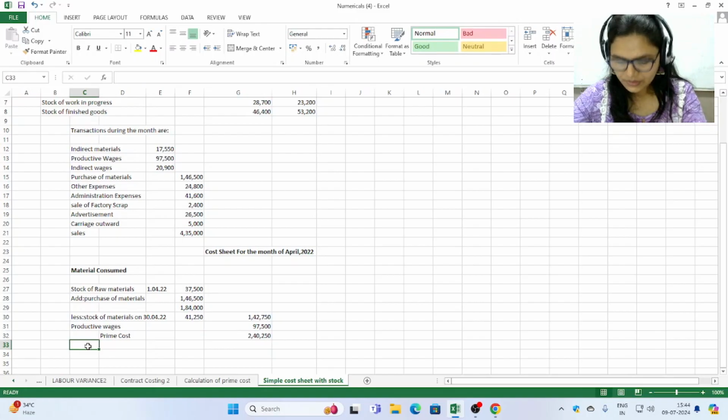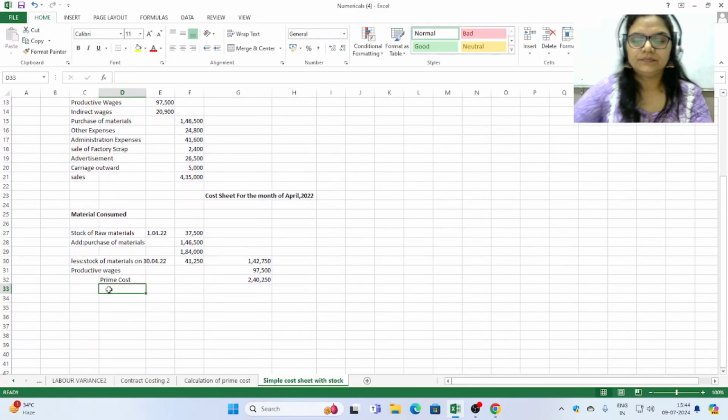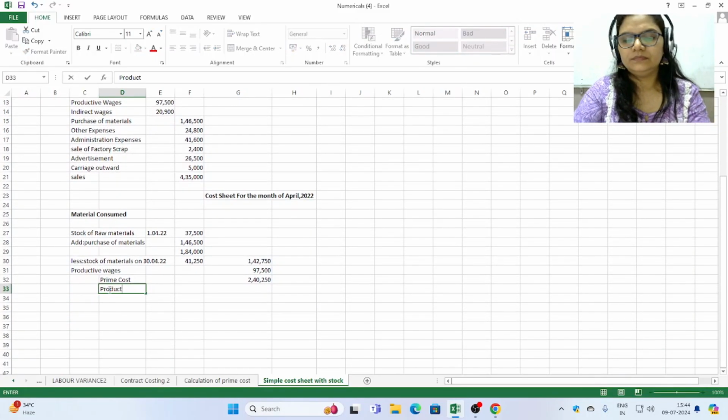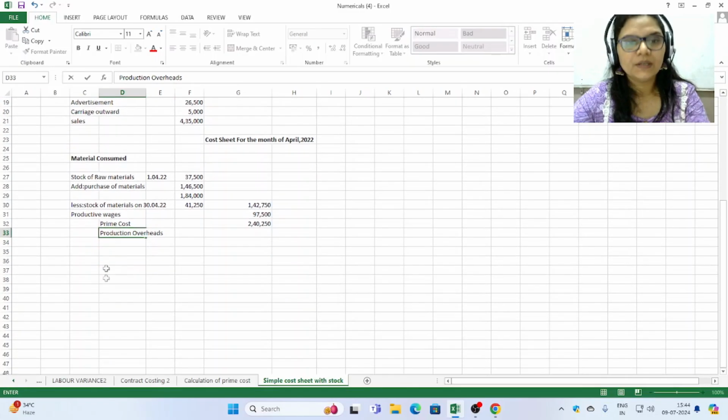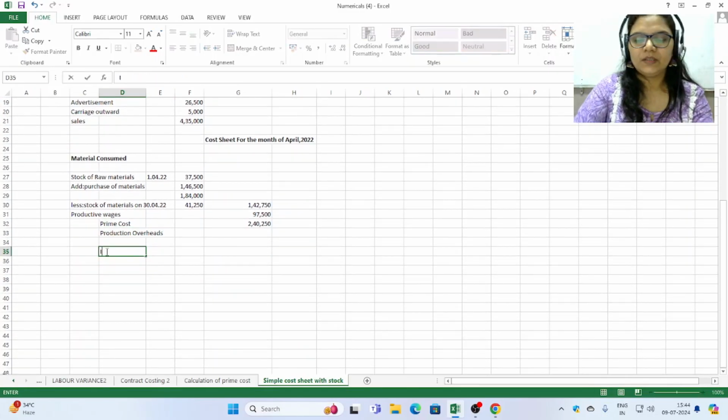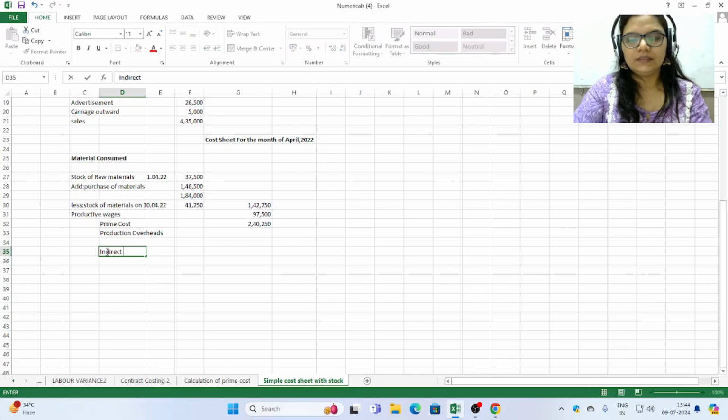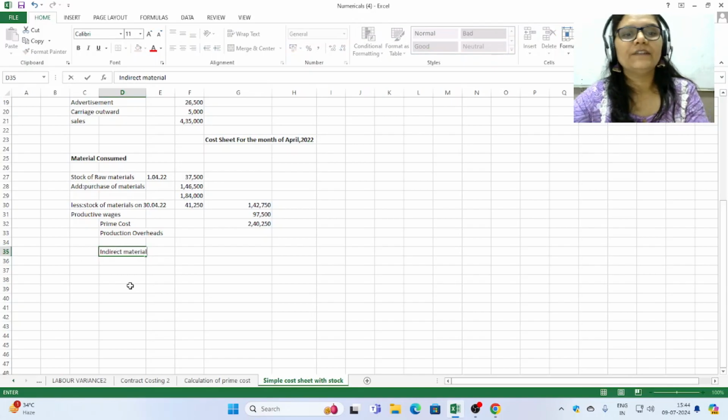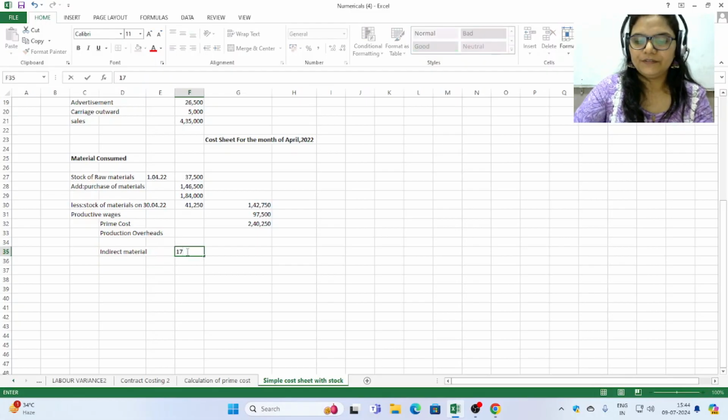Now production overheads or factory overheads is the next name. We will add them. Indirect material, we have 17,550.